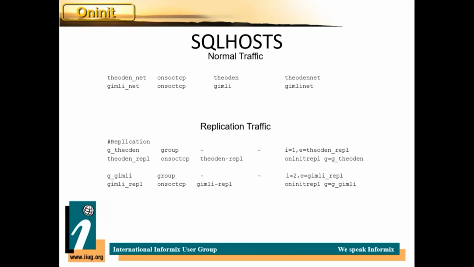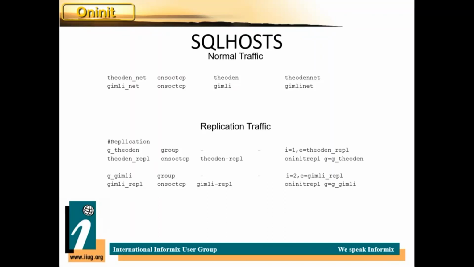Most people would write these in a way that logically they're easy to read. Looking at the line above, we've got i=1. Each server within the replication set must have a unique identifier: i=1, 2, 3, 4. I tend to make them the same as the Informix servers. There is a limit. I think it is now 64K. I believe it used to be 32K.